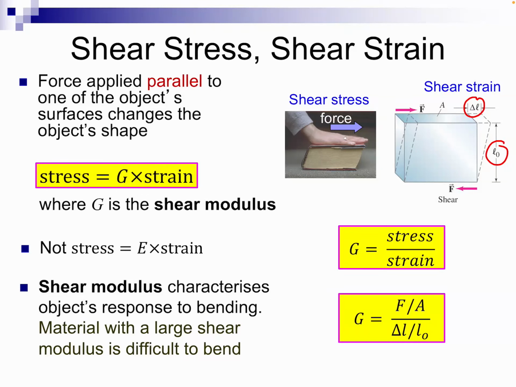If we apply bulk stress, or force on all of the surfaces of the object, there's only one change possible, and that will be to compress the object, make the volume smaller. And so there is a negative sign that we have to take into account when calculating the bulk modulus in terms of the change in volume.